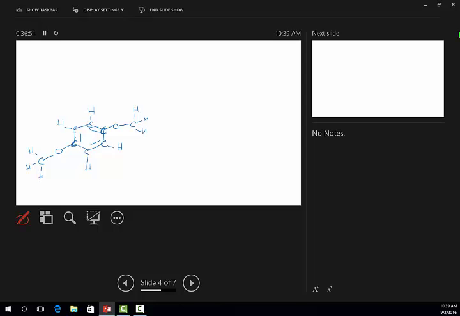Now, this is where I could start to condense this structure down. In other words, I could say that this group is a CH3 group. So if I wanted to draw this structure back out again, I could have the O's with CH3s at the end.